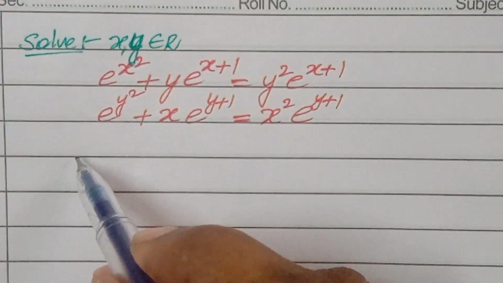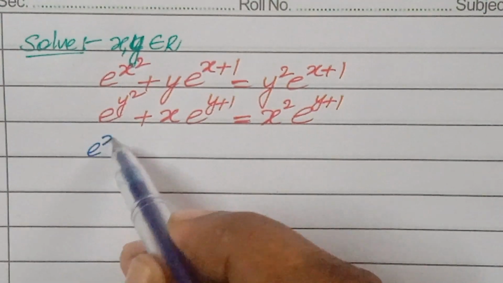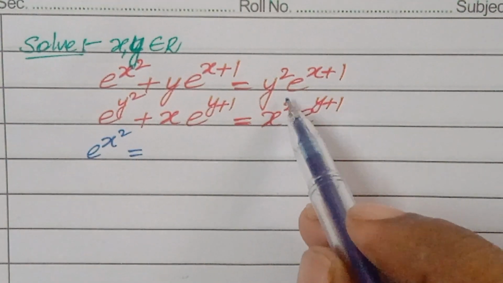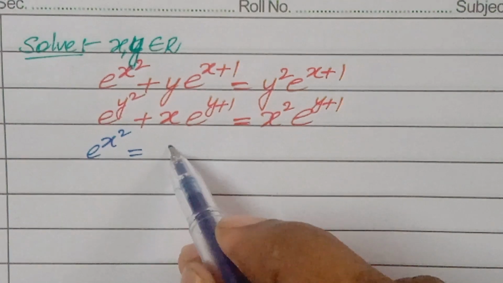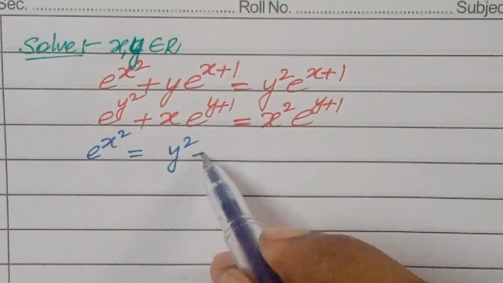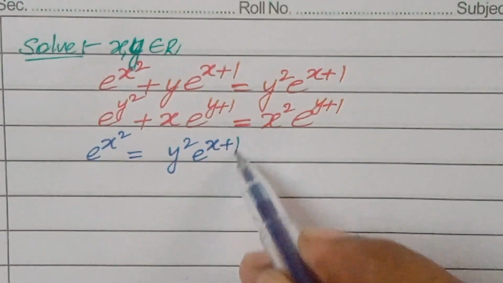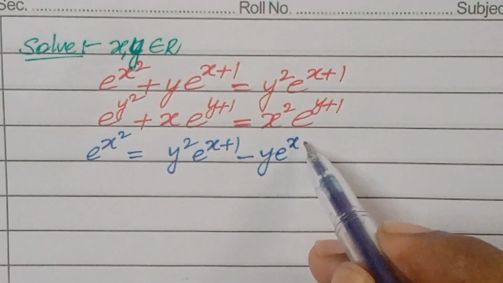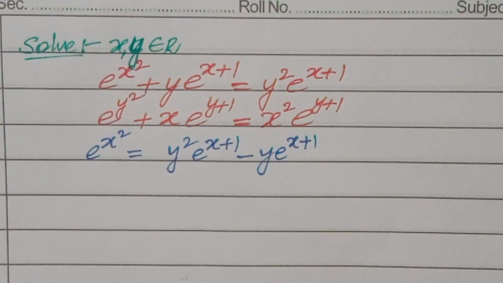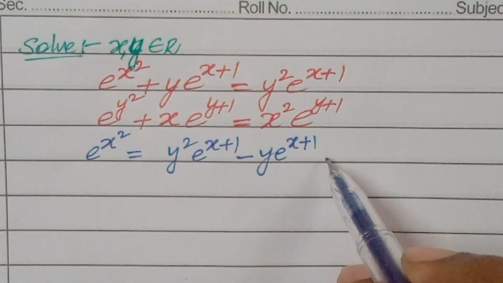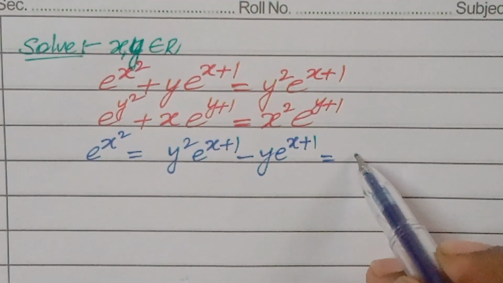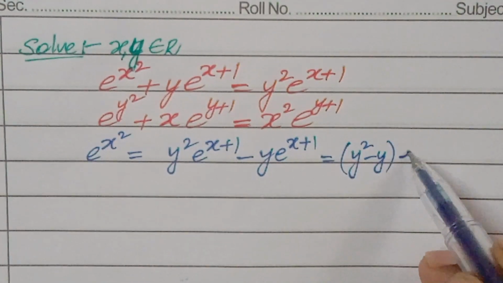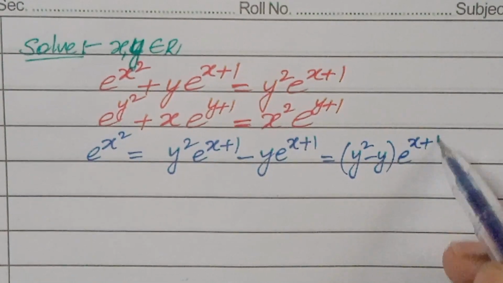First of all, e to the power of x square is equal to, taking this value to that side, y square e to the power of x plus 1 minus y into e to the power of x plus 1. Here you can take e power x plus 1 common. So you'll get y square minus y into e to the power of x plus 1.